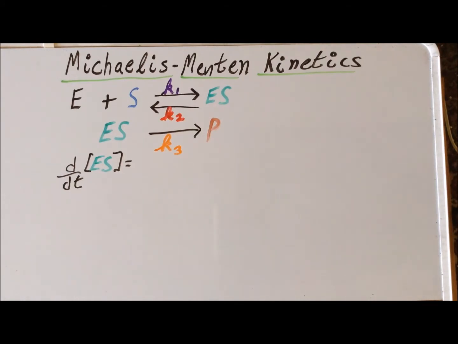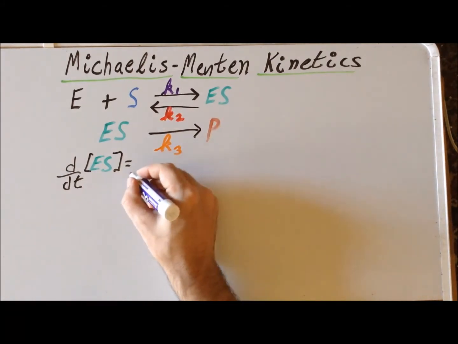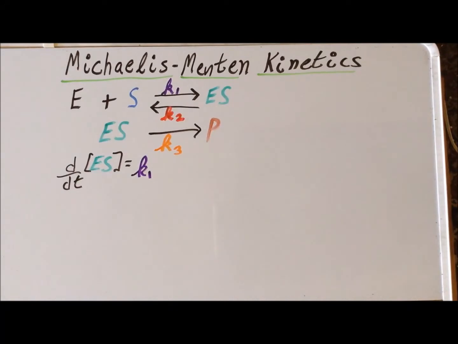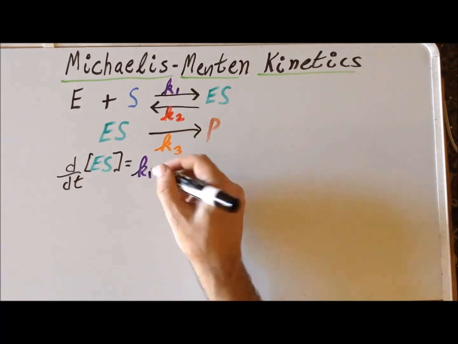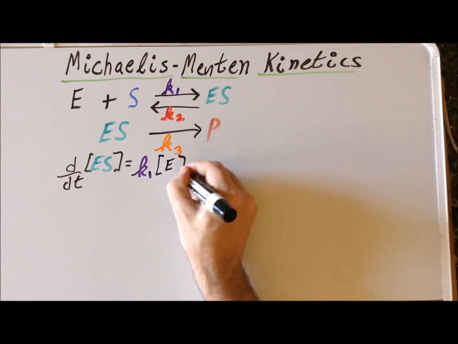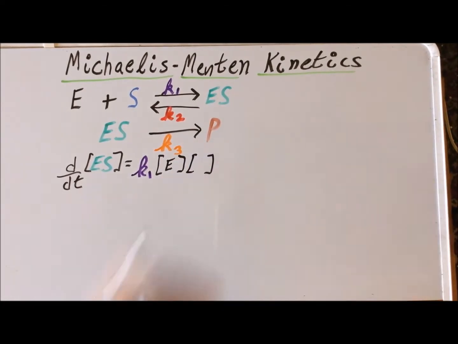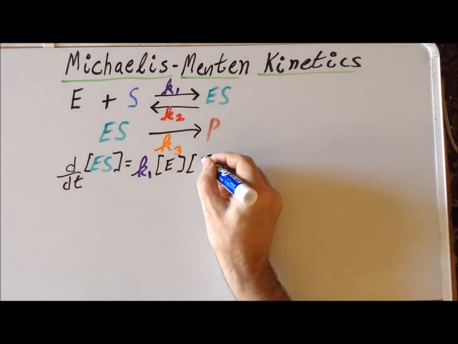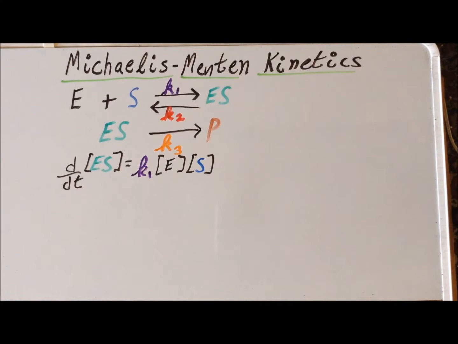So the rate of formation of the complex is going to be K1 times the concentration of the enzyme E times the concentration of the substrate S. So this is the formation of the enzyme-substrate complex. So it has a positive coefficient, which we leave out there.